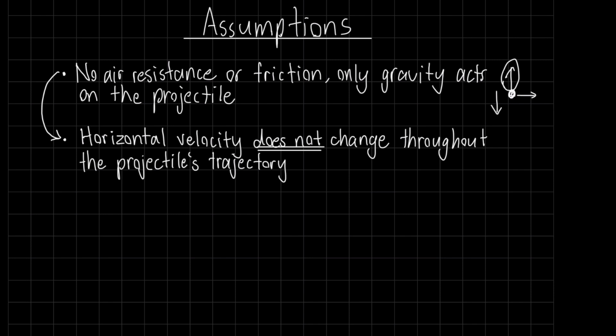And per Newton's laws, we know that if no force acts upon an object's motion, then it must move at constant velocity or be at rest. And since it was moving at constant velocity, therefore the horizontal velocity does not change throughout because no force is acting upon it when we assume that no air resistance or other drag force acts upon the projectile.